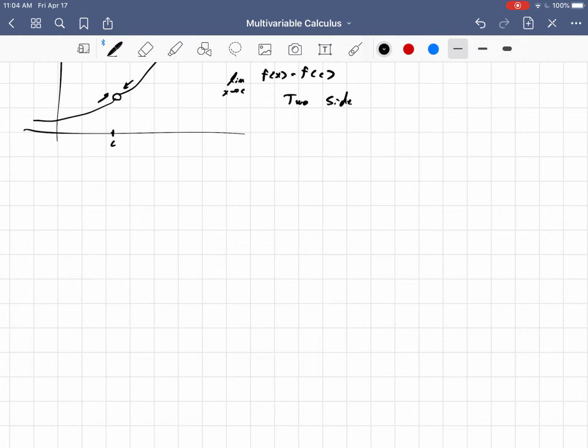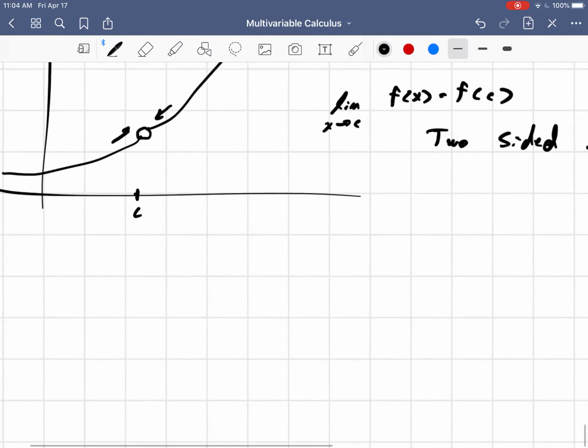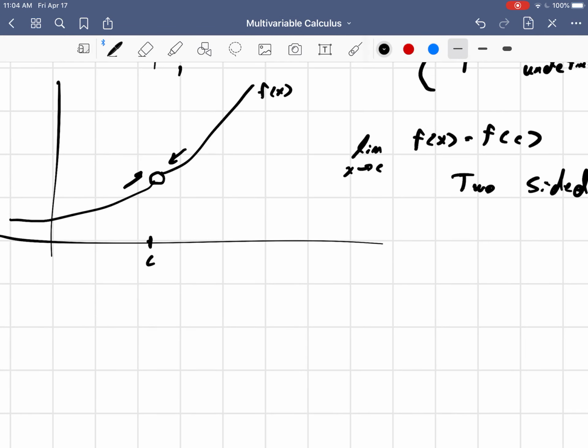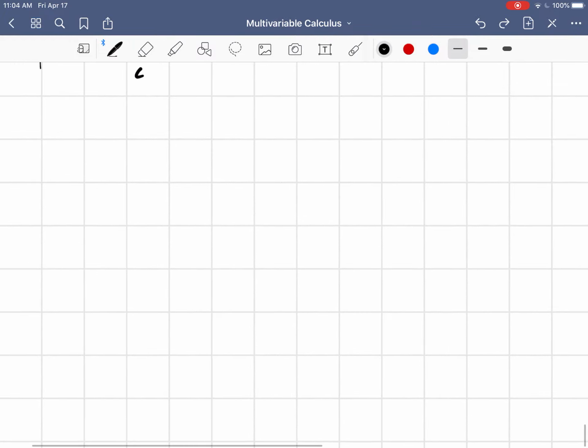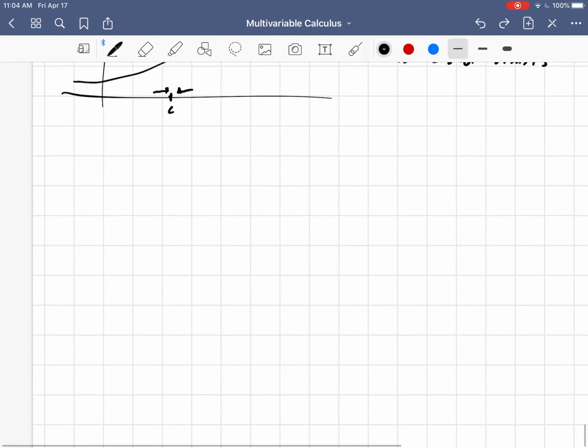Now there's a couple other things in limits I want to mention. Up to this point, I've been talking about only two-sided limits. Why are they called two-sided limits? Because I have considered approaching from both sides, from the left of c and from the right of c.